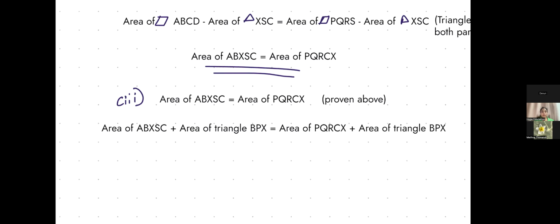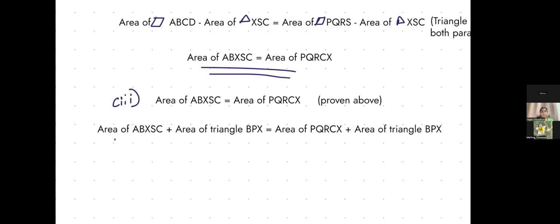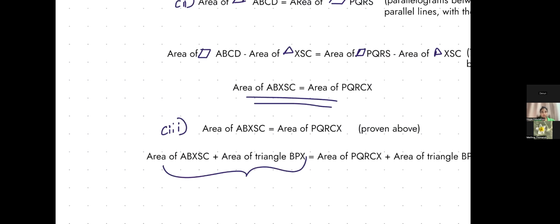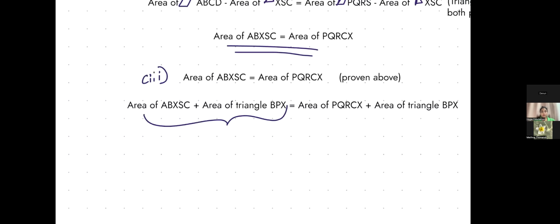Now what do we have? Adding this to ABXSC, we get ABPSD, so we get area of trapezium ABPSD. Adding to the other, what do we get here?